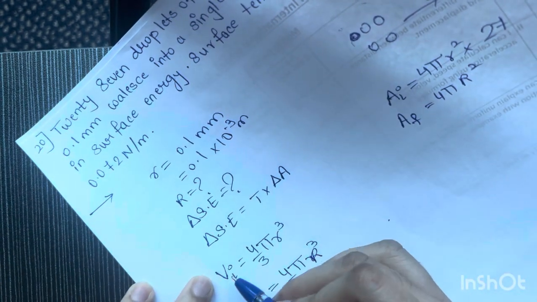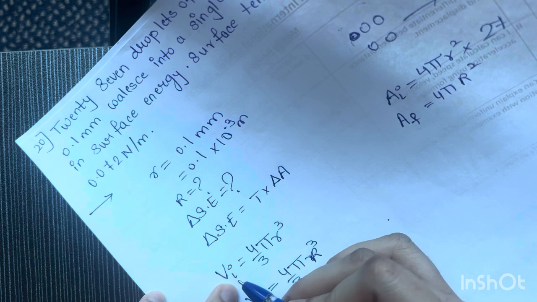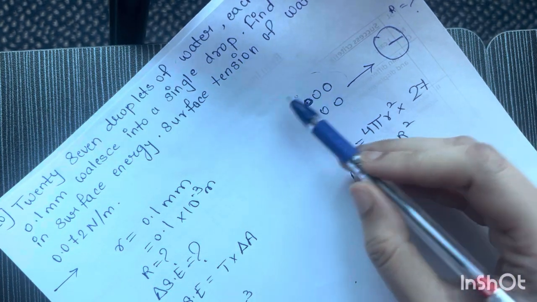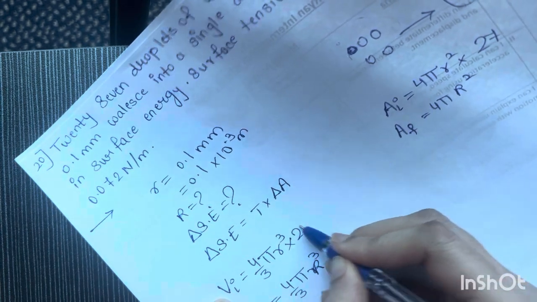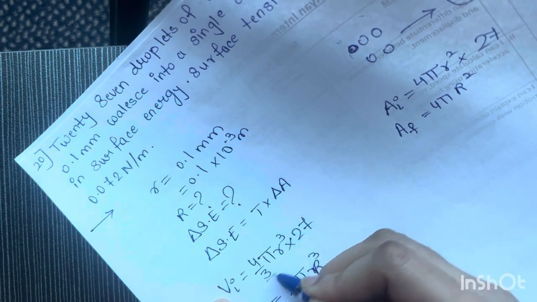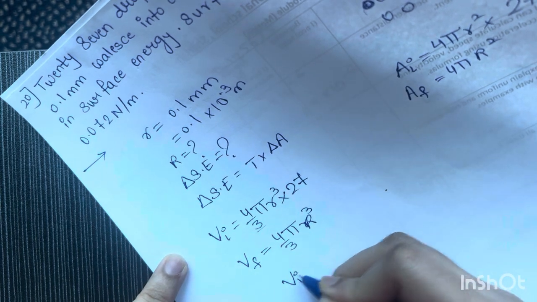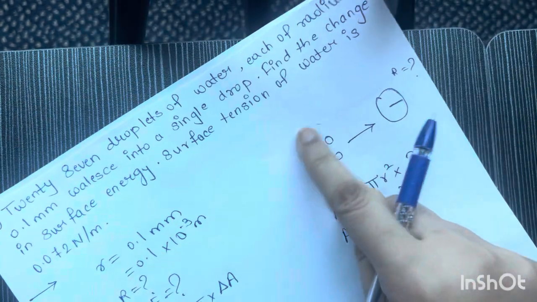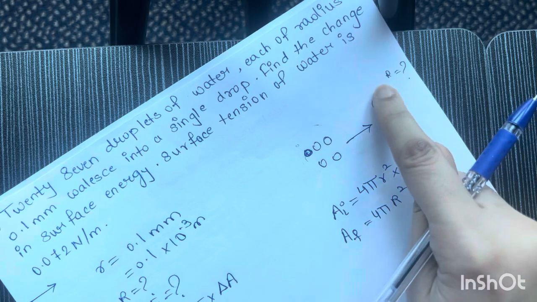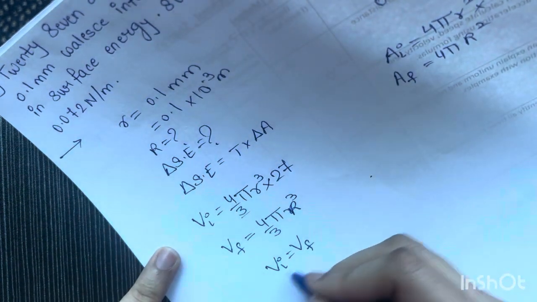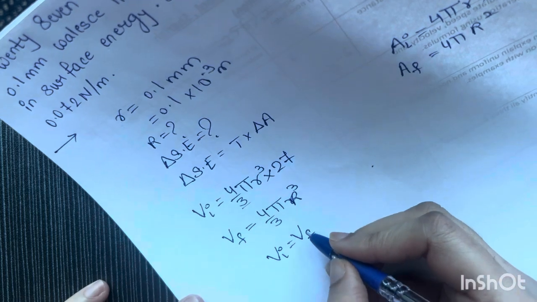Initially there are not one but 27 droplets, so initially there are 27 into this formula. These volumes are equal. When 27 droplets combine into a single droplet, volume does not change. The initial volume will remain equal to the final volume.